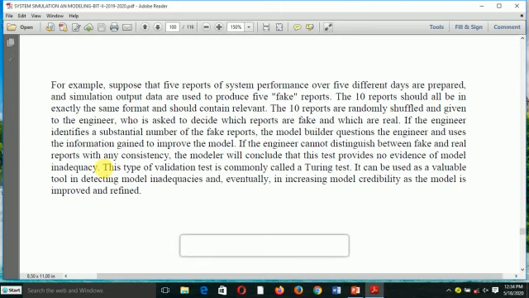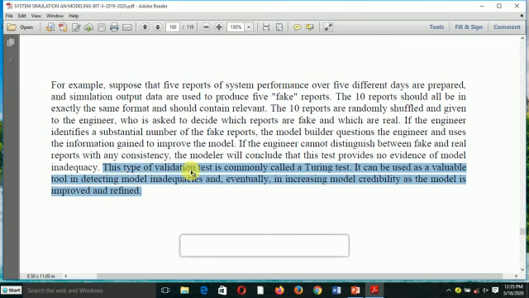So if he can't do that, it means that our model is 100% accurate. Okay, it is very good. We will be able to apply this model to our simulation or to our system study.